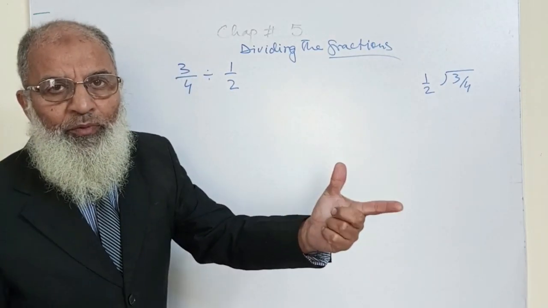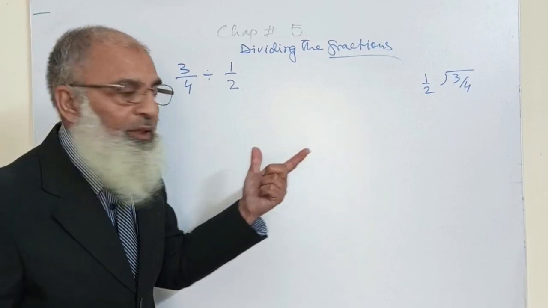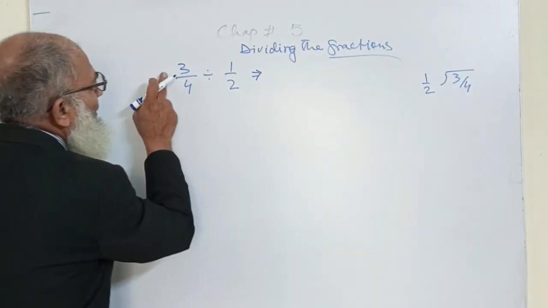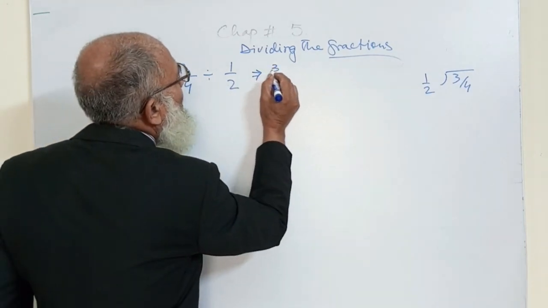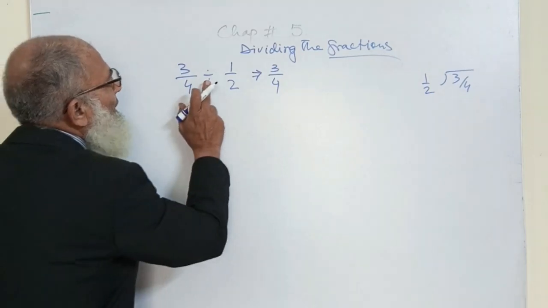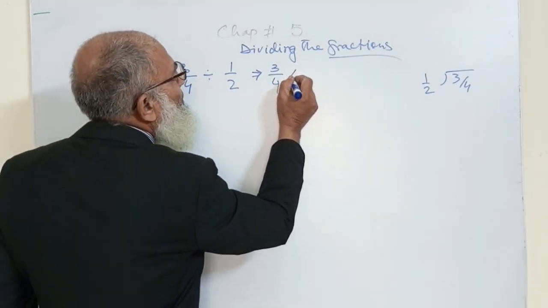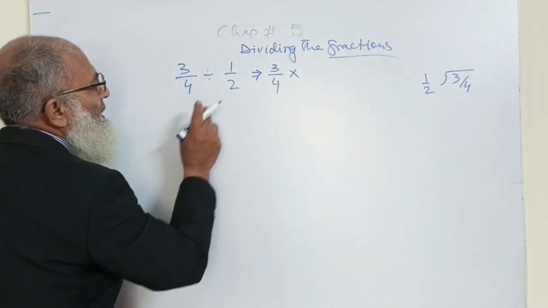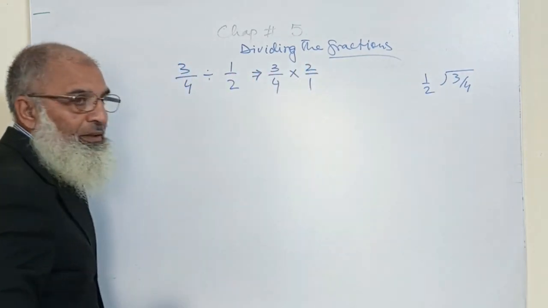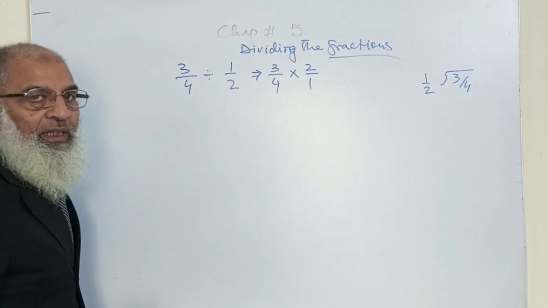So we do it in a simpler way. How do we do it? You just let the first fraction remain as it is, then change the sign of division into multiplication, and just flip over the second fraction.